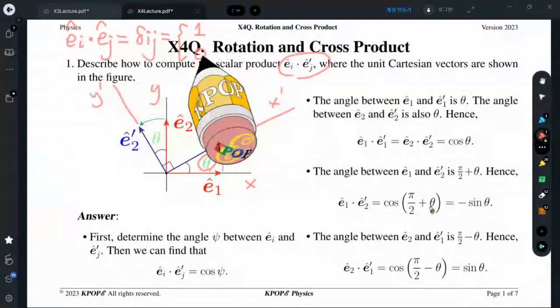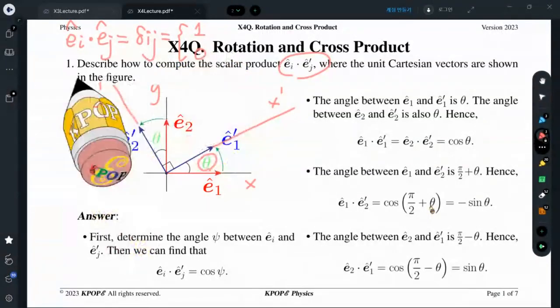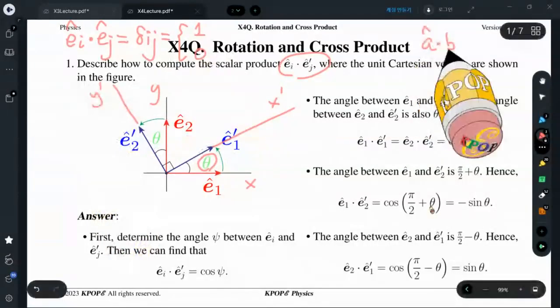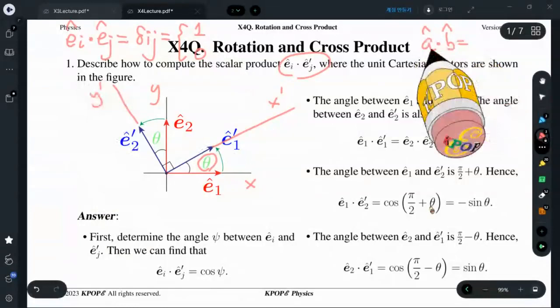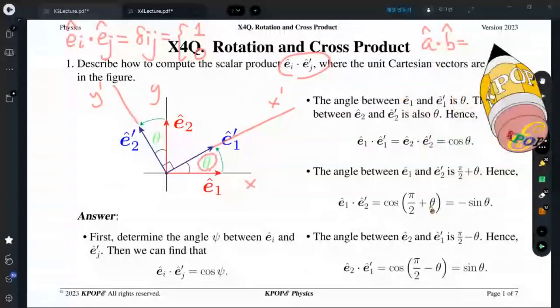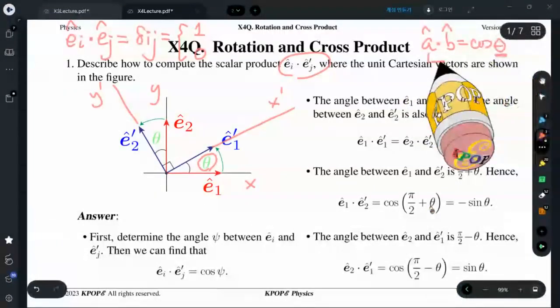However, if I make a rotation and want to find the scalar product between any two unit vectors, it is, because the magnitude of each unit vector is 1, cosine theta, where theta is the angle between the two.